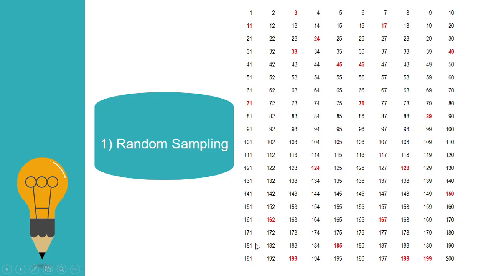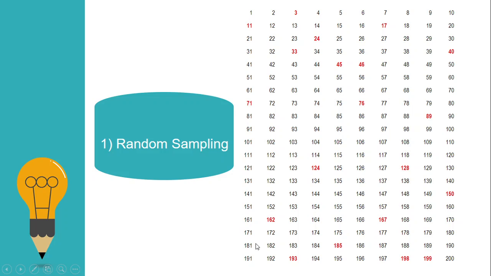Actually, two approaches aim to minimize any bias in the process of simple random sampling. The lottery method is one of the oldest and most mechanical examples of random sampling. The researcher gives each member of the population a number.